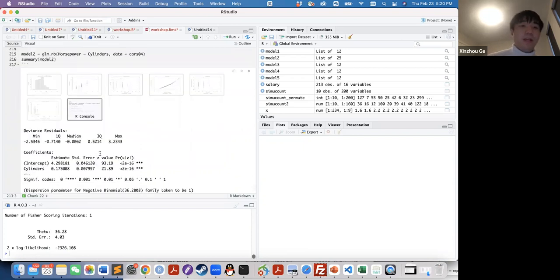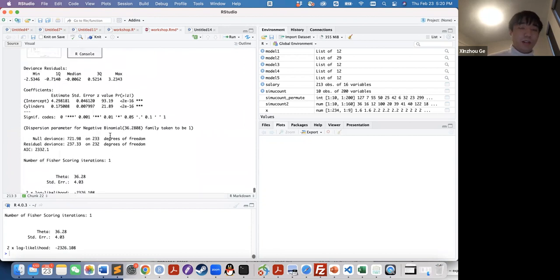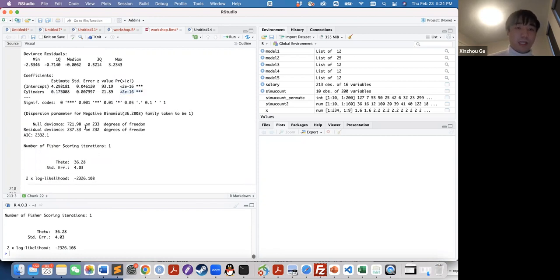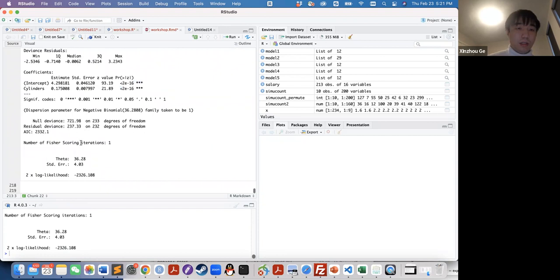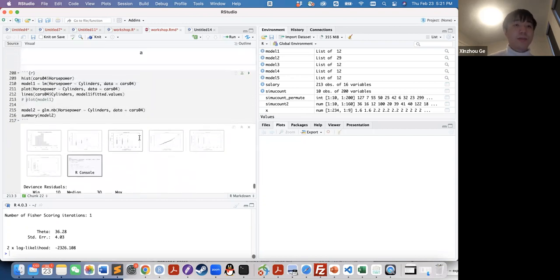From the glm.nb, we can also see similar conclusions to the Poisson regression. We will know the estimated coefficients for the predictors, and we will also get the p-values for the predictor. And we will also have the results for the estimated dispersion parameter theta for the negative binomial model, and we can use these results to make some inferences.